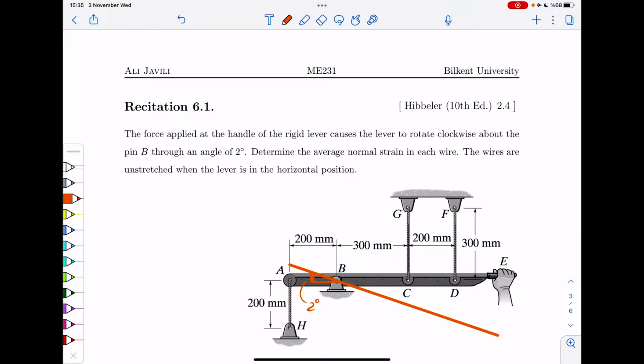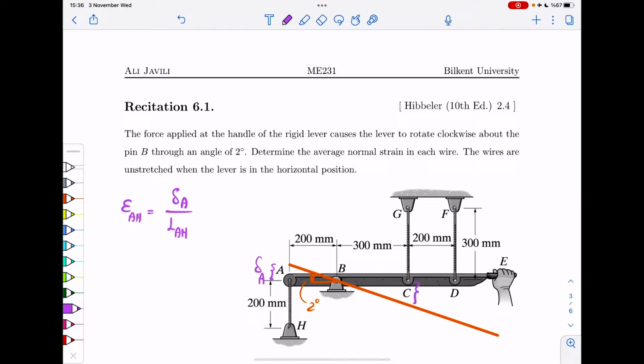Now, the strain in each cable would be the change of length in each cable divided by the original length of that cable. So, let's say in cable AH, that's the first cable, the strain would be the change of length of that, let's call it delta A, divided by the length of AH. Now, that height, delta A, is this.